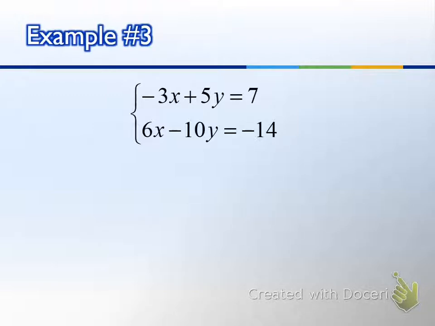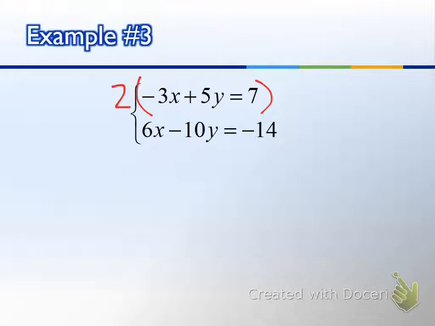On example 3, I would recommend multiplying the top equation by something because those coefficients are in general smaller. So we have to first pick which variable we want to eliminate. X, Y, doesn't matter to me. Well, that's the interesting thing about this one. So let's say we want to eliminate the x. What am I going to multiply the top equation by? 2.